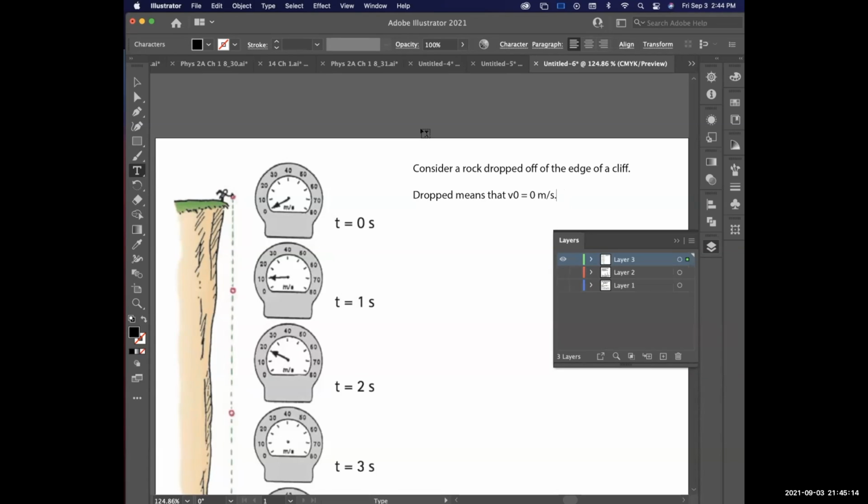And let's approximate g, which is usually 9.8 meters per second squared. Let's approximate that as approximately equal to... where is the symbol?